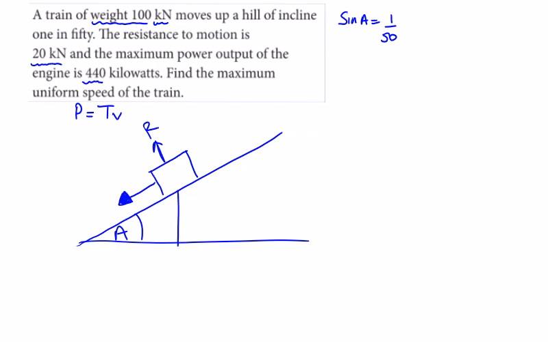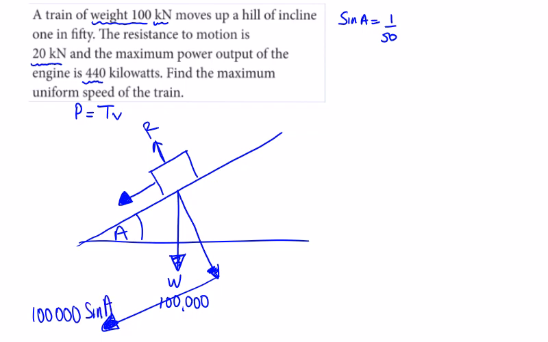Let me bring my weight down this way. We're told 100,000. This is W. 100,000 newtons. So we have a force going down this way, and we have a force going in this direction, and the force going in this direction is going to be 100,000 sine A.